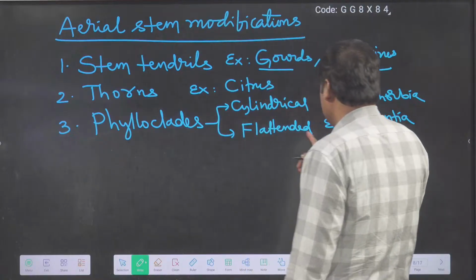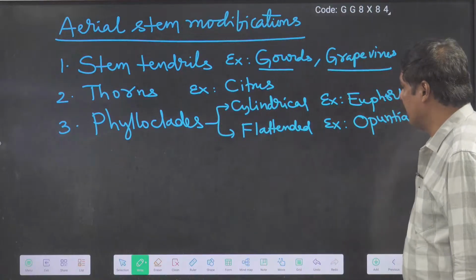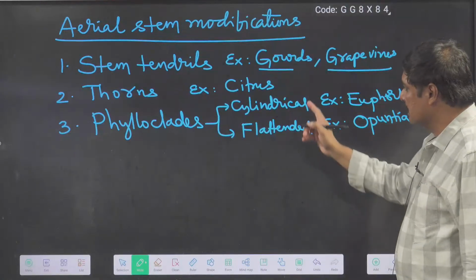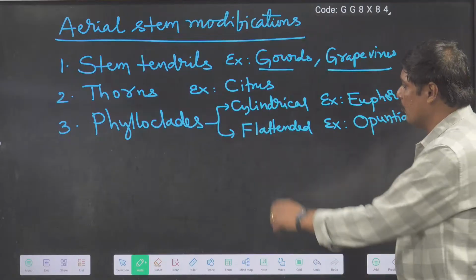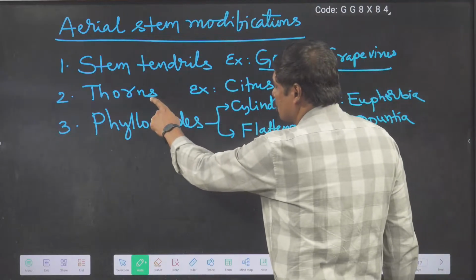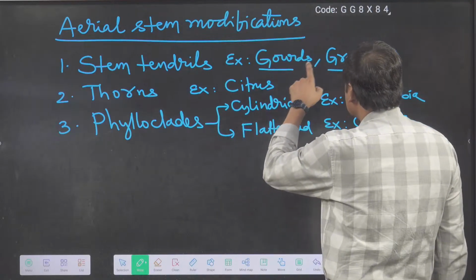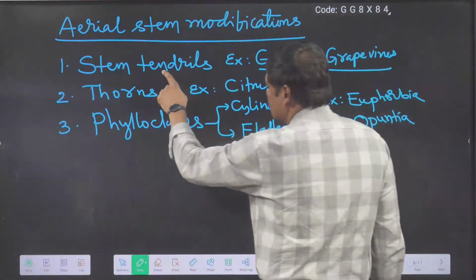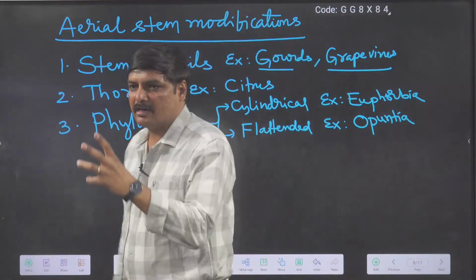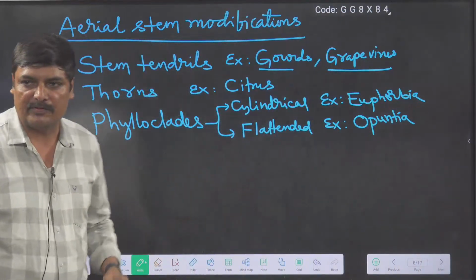Opuntia shows flat-ended phylloclade. Euphorbia shows cylindrical phylloclades. Bougainvillea and citrus contain thorns. Gourds and also grapevines show stem tendrils. These are examples of aerial stem modifications.